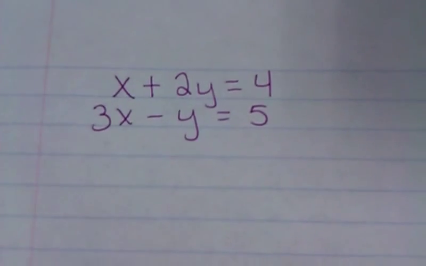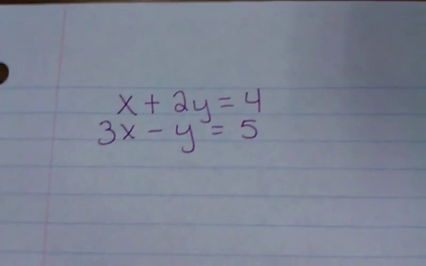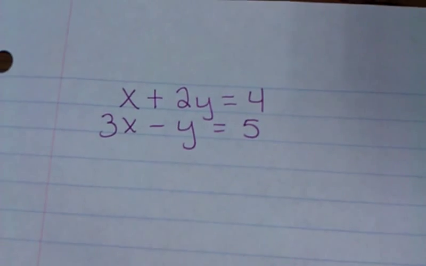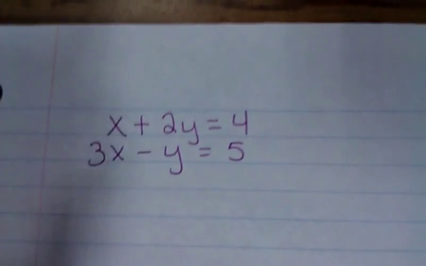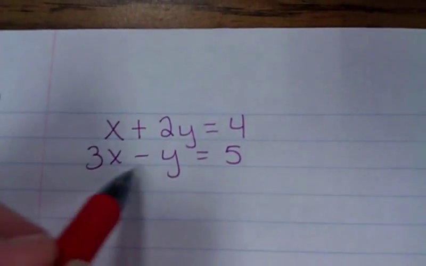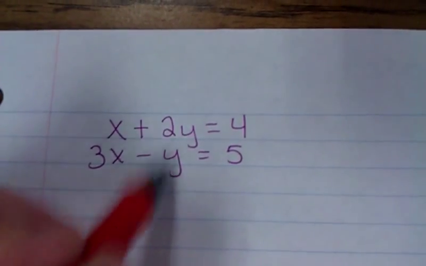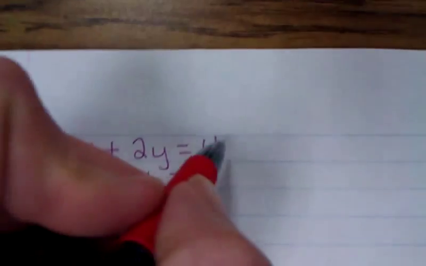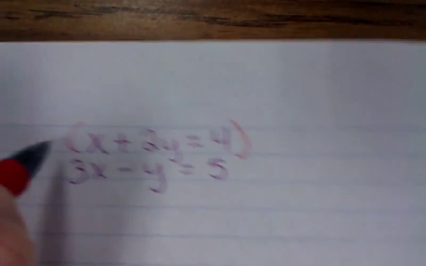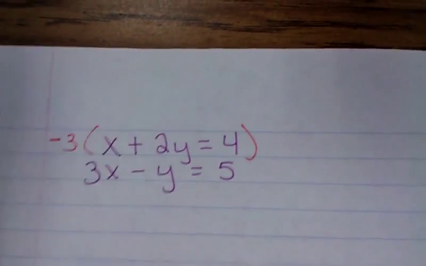Okay, so the very last one in this video, I have this right here. Now, pause it and see what you do and what answer you get and check it. I could multiply the bottom equation by 2 and make the y's disappear, but if I wanted to get rid of the x's, I haven't done this one yet, I can multiply by a negative 3.